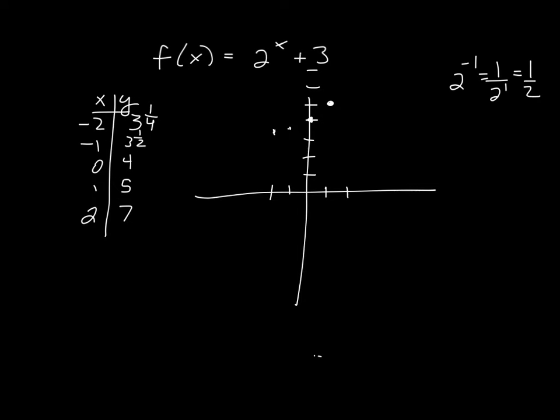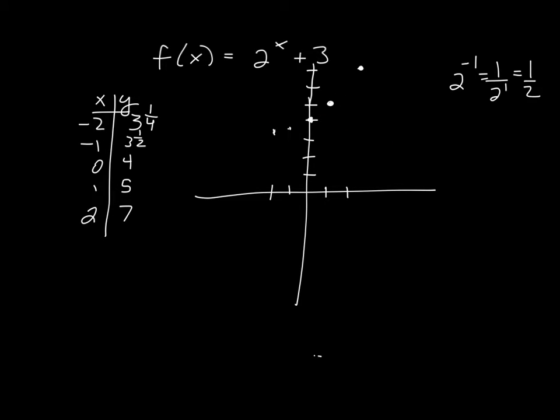All right, so this time, last time I did not draw in a dotted line for the asymptote because the asymptote was just the axis. So I just, for whatever reason, did not put a little dotted line right there. But now we need to do that. We have this spot right in here that's special. This line right here, because of this plus 3, the entire exponential graph has shifted up 3.